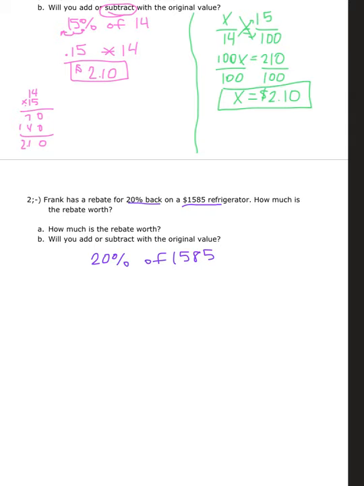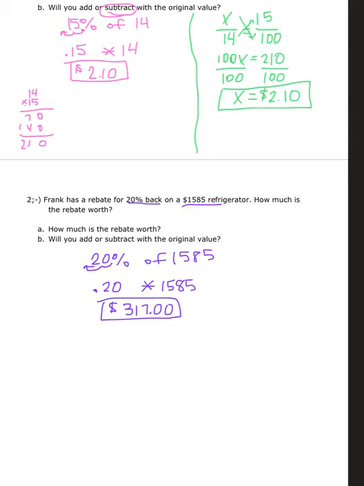As we know, we need to move our decimal 2 places to the left, making it 0.2 or 0.20. You don't need the extra 0. Of turns into times and the $1,585. Do those calculations and you get a rebate amount of $317. So that's how much you're going to get back for the rebate.